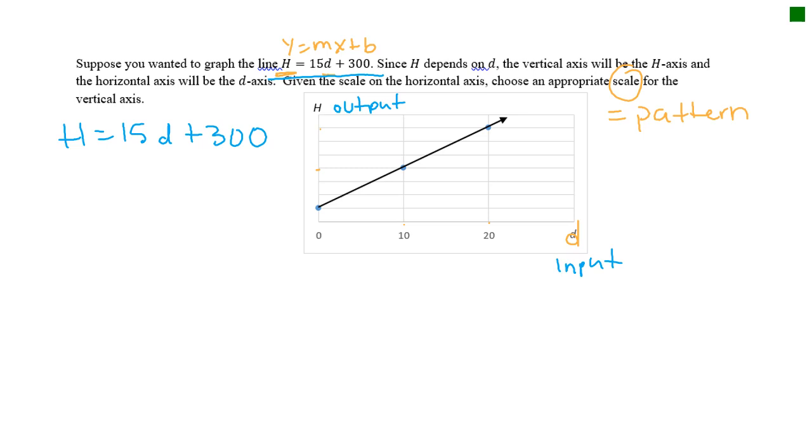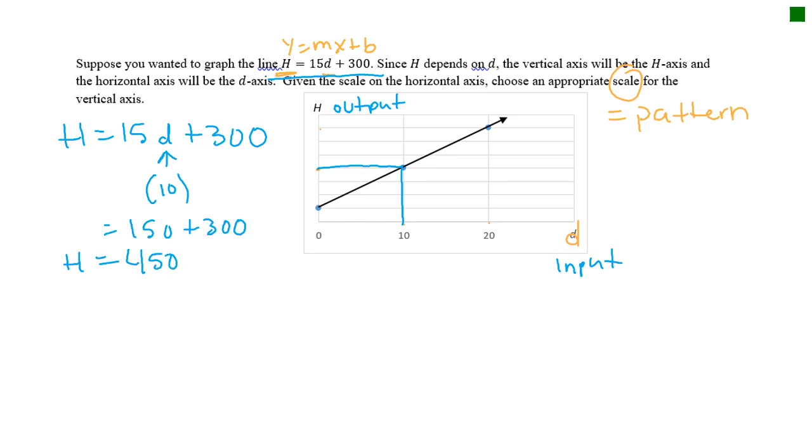If I put 10 for d, what will be my output? 15 times 10 gives me 150, plus 300. My h has to be 450.